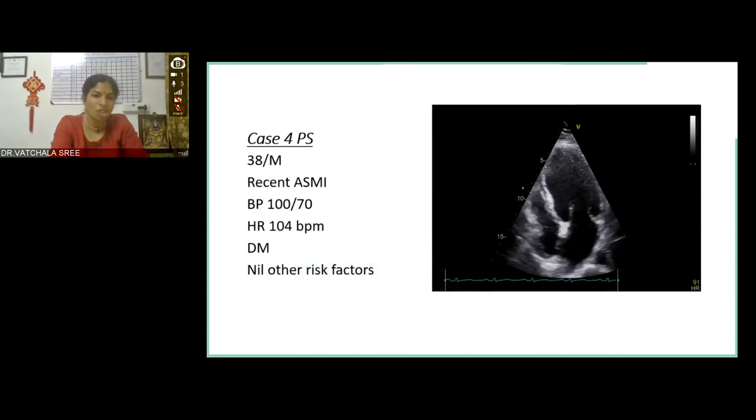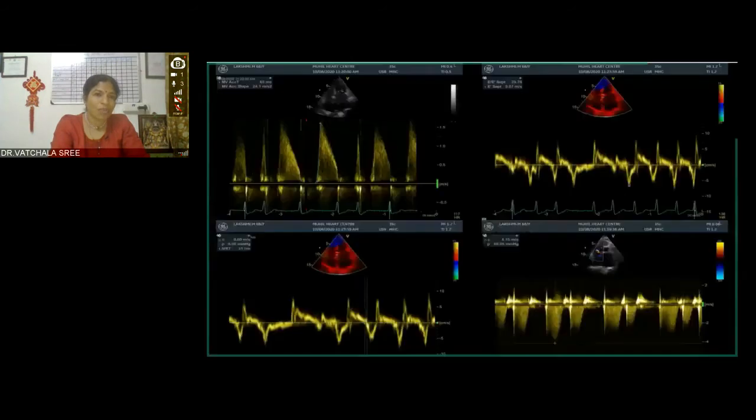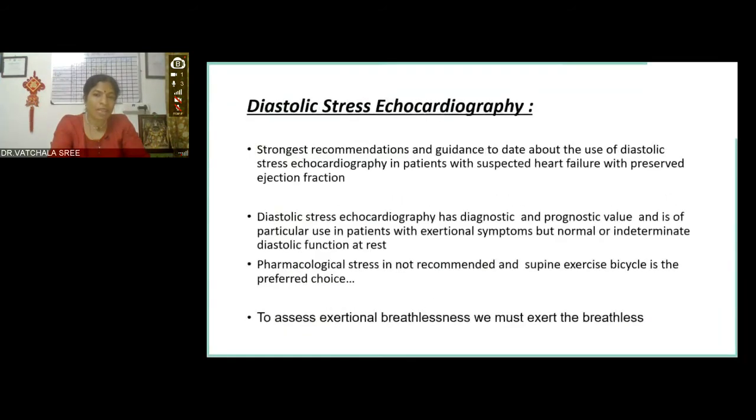That is, you actually make them exert, because his symptom is exertional breathlessness. So when you do an echocardiogram when he is not exerting himself, his numbers are going to be less. So you exert him, you try to stress his heart, and then you do the diastolic assessment and find the values.